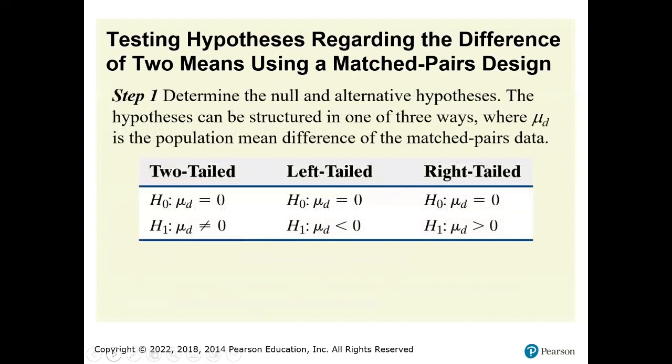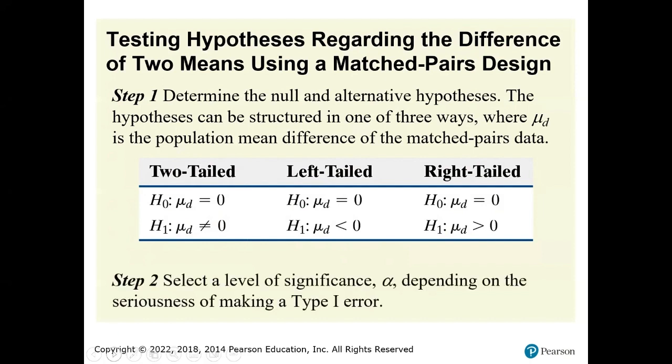So the way we're going to do this is set up, of course, our hypotheses. And this is going to say mu d, that stands for the mean difference. Our null is always equal to 0. And then our alternate is the three choices: not equal to, less than, or greater than.